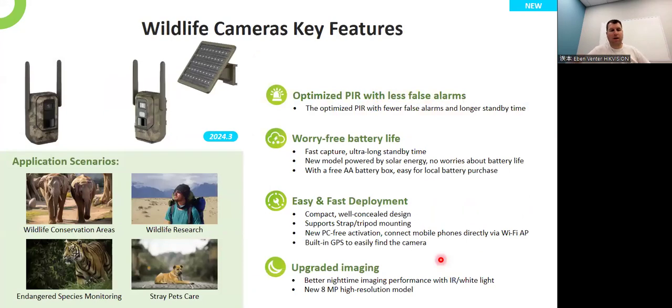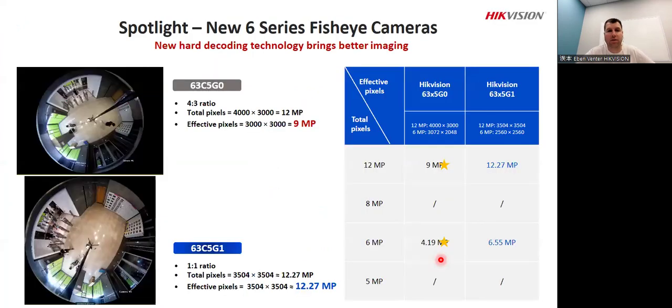Where to use them, I think most of us in South Africa should be very familiar with. Very nice. Built-in GPS location, high resolution 8 megapixel camera, connected to your mobile phone. From your mobile phone, you can immediately see or get a notification if there's wildlife, or someone there.